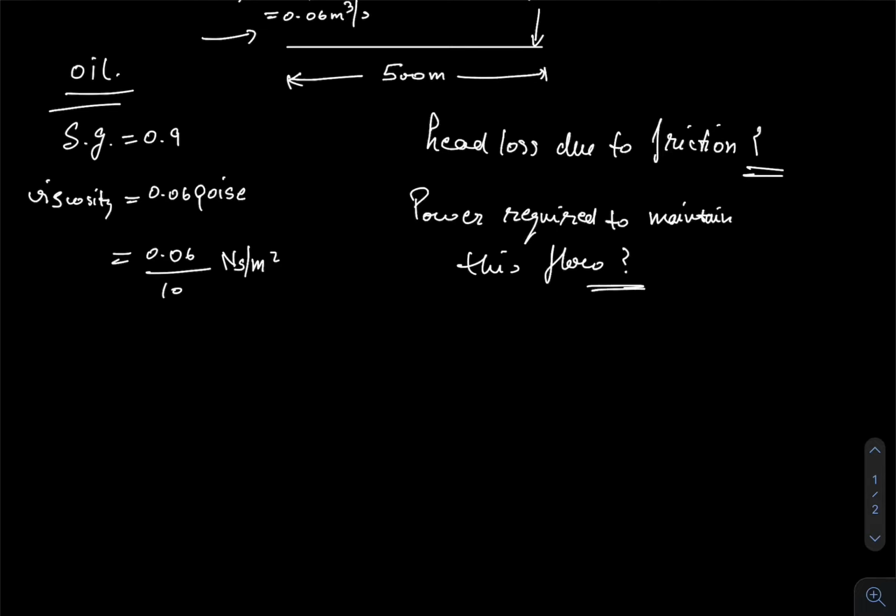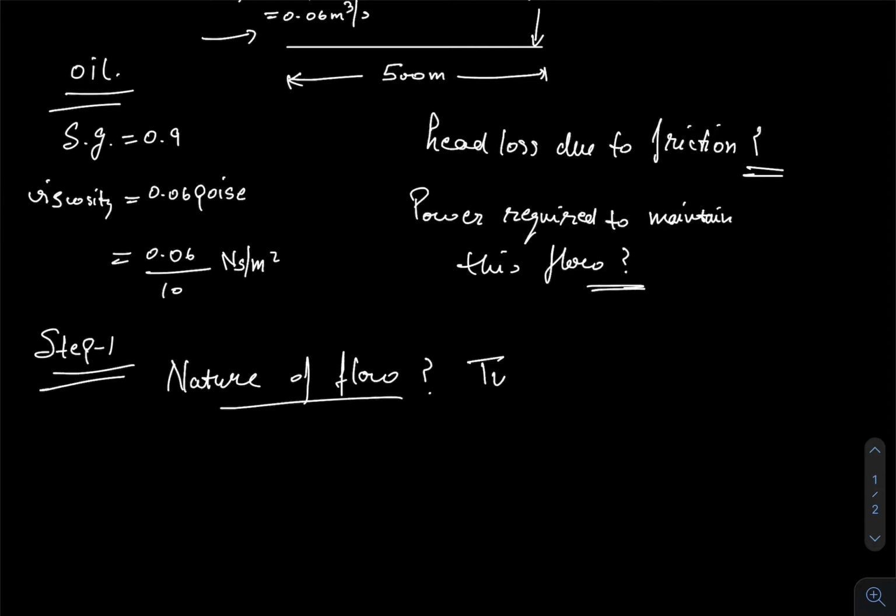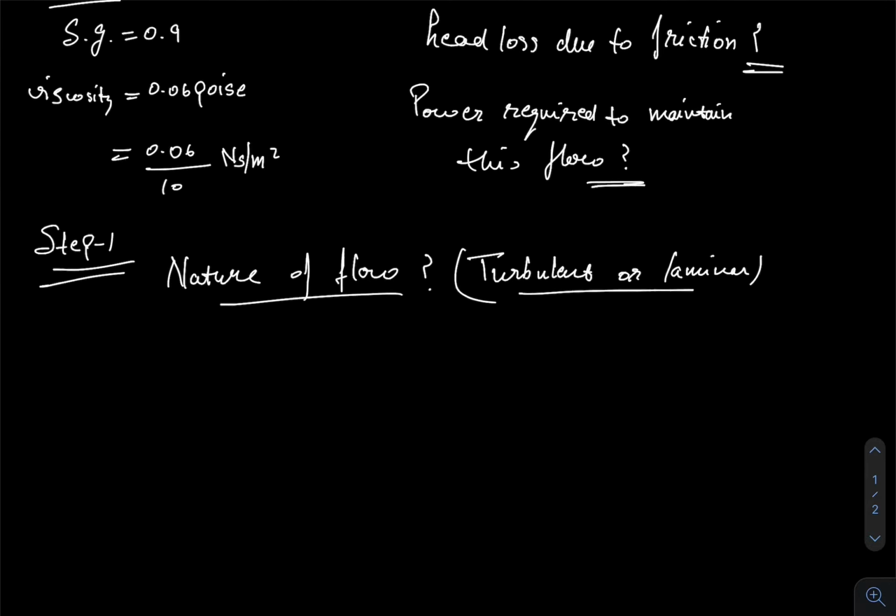First of all, step 1 is we need to find the nature of flow, that is whether my flow is turbulent or laminar. For that I need to calculate the Reynolds number.